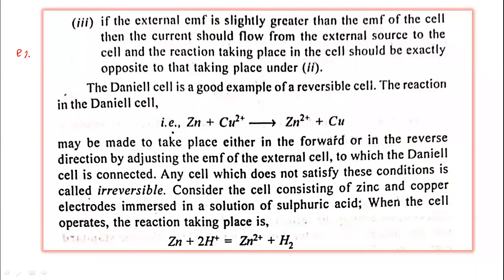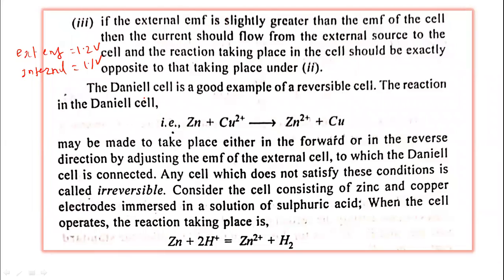External EMF is equal to 1.2 volt, and internal EMF, that is the driving force, the EMF of the cell, is equal to 1.1 volt. What happens? Current should flow from the external source to the cell. Current will be reversed now. From the external source to the cell, and the reaction taking place in the cell should be exactly opposite to that taking place in step 2.